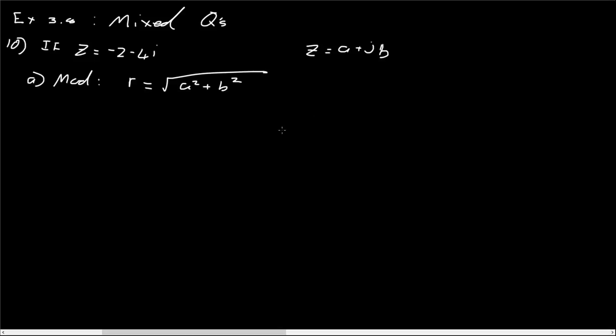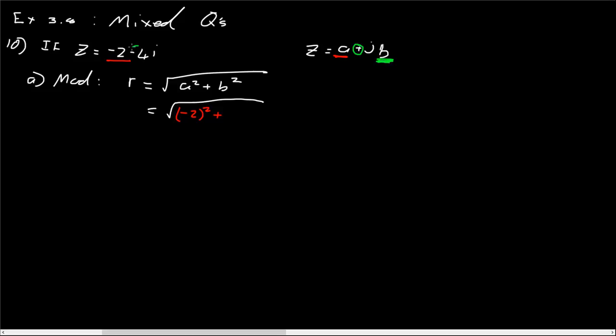So if we look at this number here on the left, z, a is minus 2, so we've got the square root of minus 2 squared plus, and then b is the number that sits in front of the j, and you'll see in the general form, b is a plus in front of it.